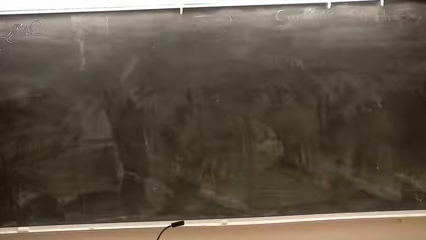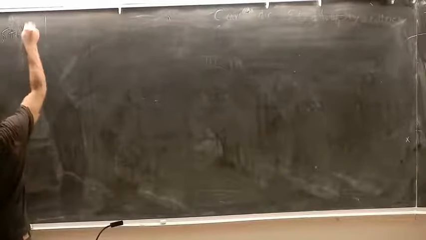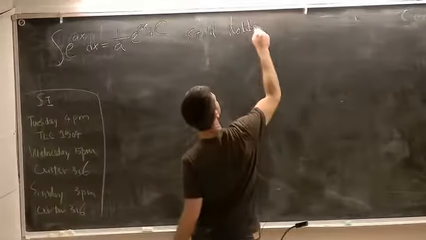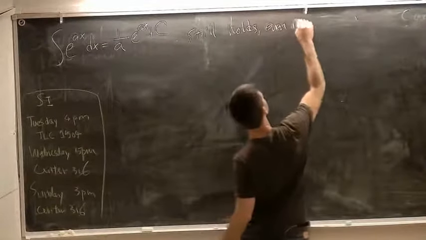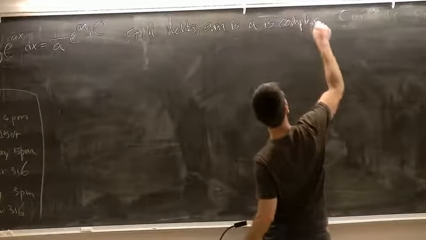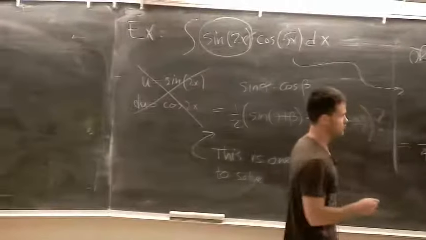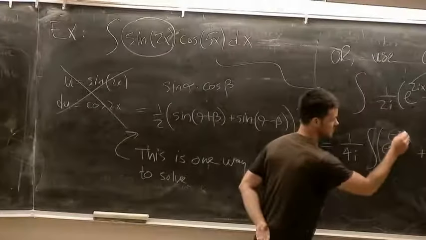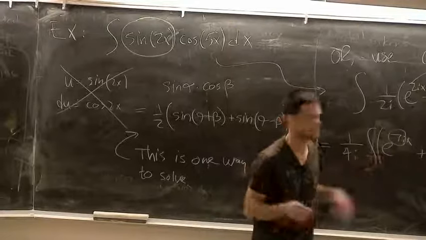And I'm telling you that if a is a complex number, then this is still true. So my point is we can integrate all these just treating this the same as if it were a real number, okay?